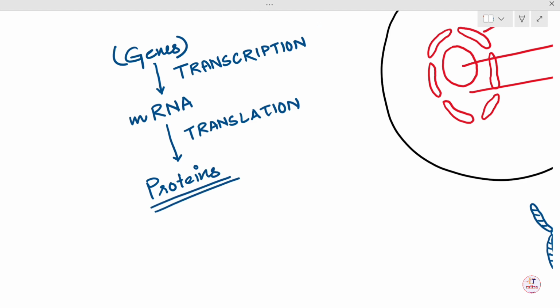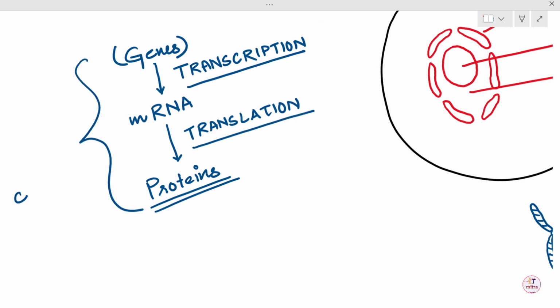In between, there are some subsidiary steps, so we are not discussing it here because it's a complete part of genetics. But in the physiology part, we only need how genes get processed to form protein via transcription and translation. And this overall process is known as the central dogma.